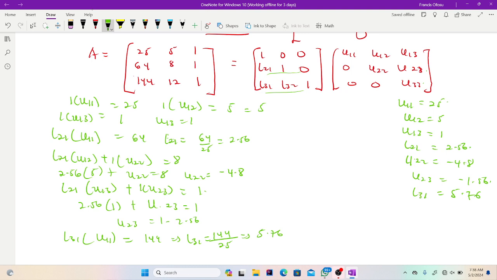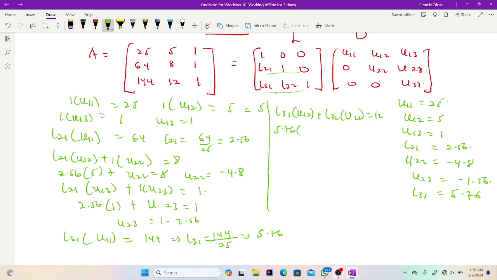So at this point, I'm not done. I'm left with this one times the second column. So I'll still have L31 by U12 plus L32 multiplying U22, and this should give me 12, right? L31, do I know? Yes, 5.76 multiplying my U12.